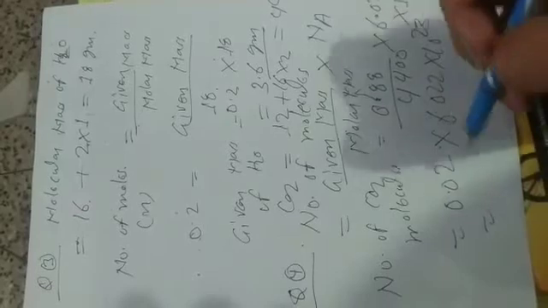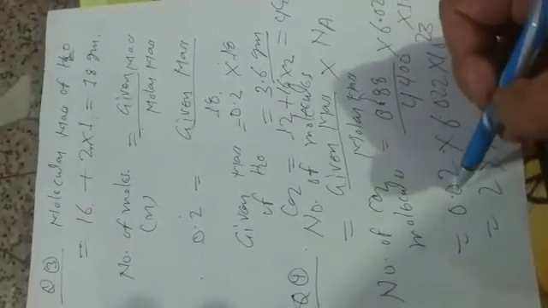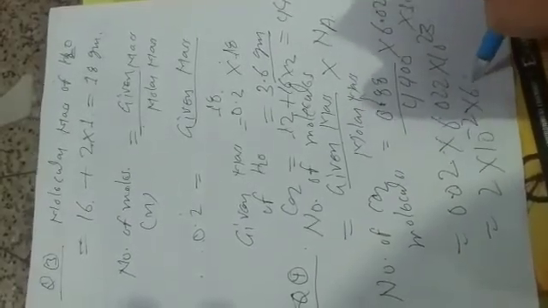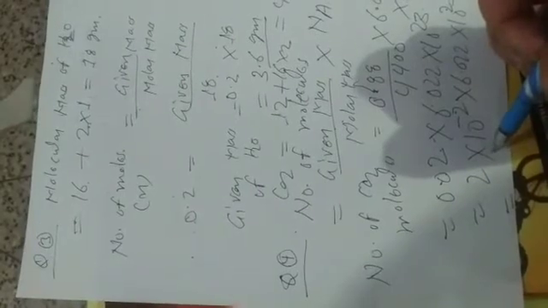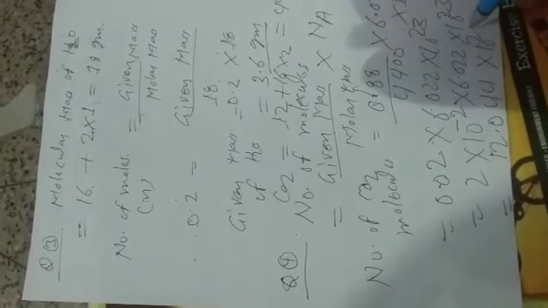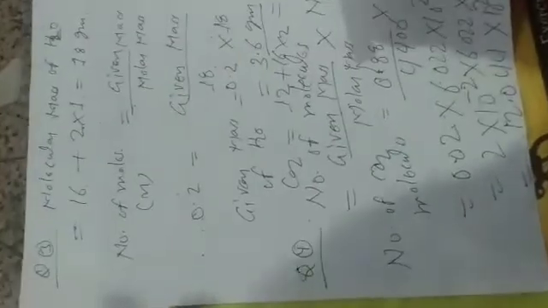This is also written as 2 multiplied by 6.022 × 10^-2 × 10^23. The powers are plus and negative, so after solving, 12.044 × 10^21 molecules of CO2. This is your answer.